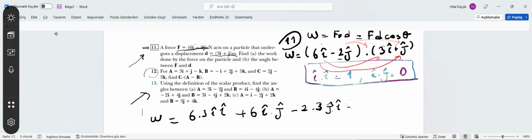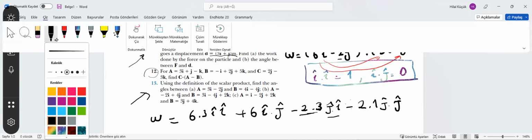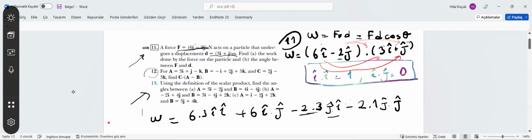I am writing the scalar part outside of the unit vector. This is the unit vector part, this is the scalar part. Minus 2, and there is 1 outside of Z, multiply 1 and Z multiply Z. Look at now. It will give 1. It will give 0. It will give 0.